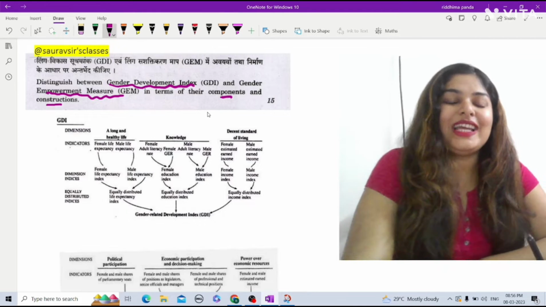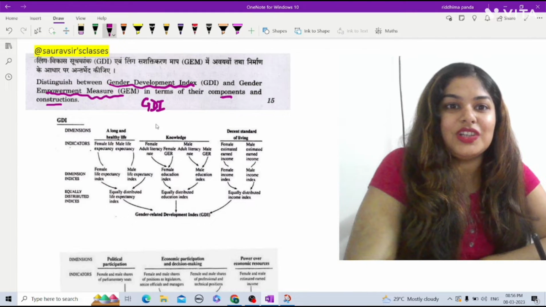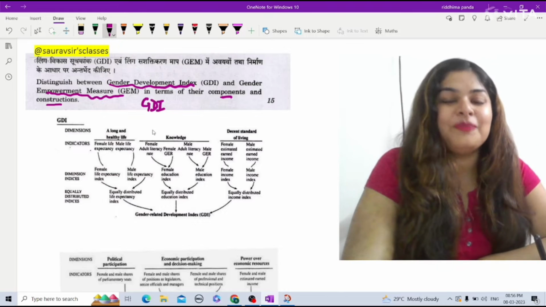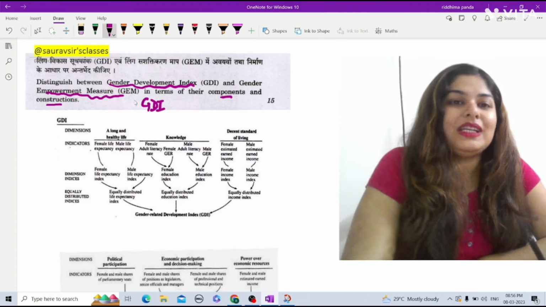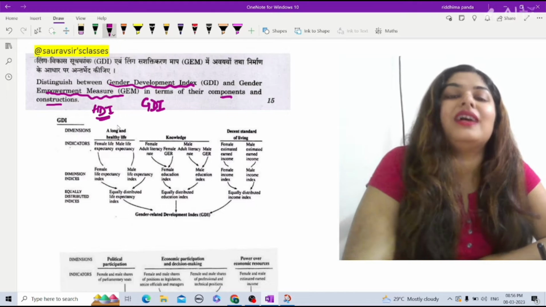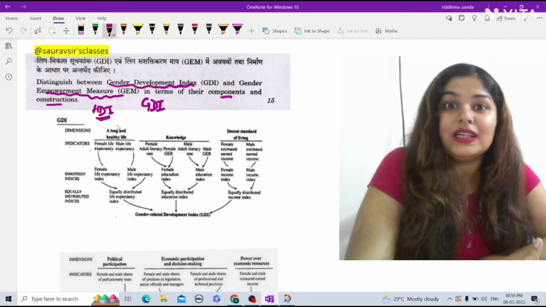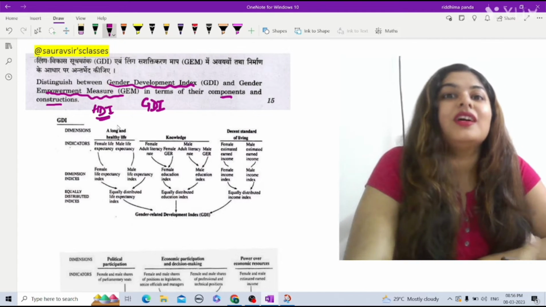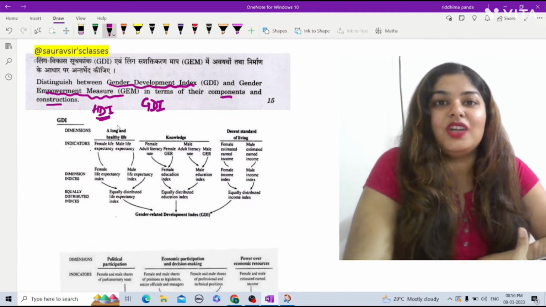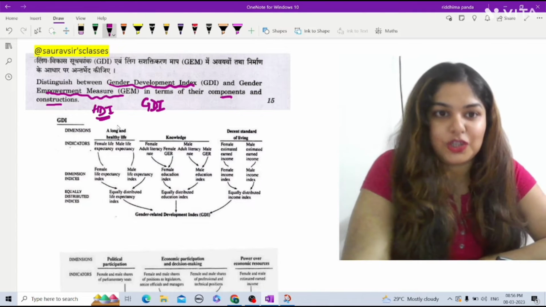Let's begin with what is GDI, that is our Gender Development Index. All of us know the Human Development Index. The Human Development Index ranks countries as per qualities like life expectancy, knowledge, that is the literacy rate, and the per capita income of a nation.